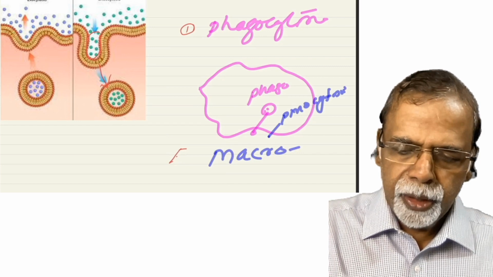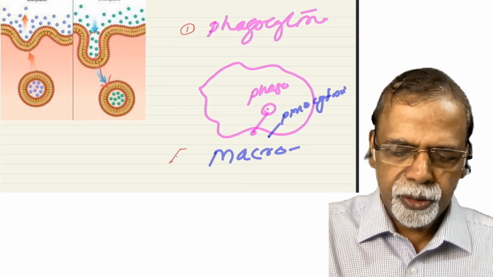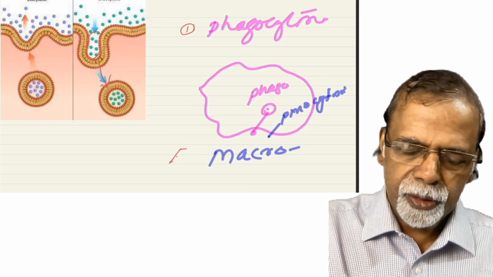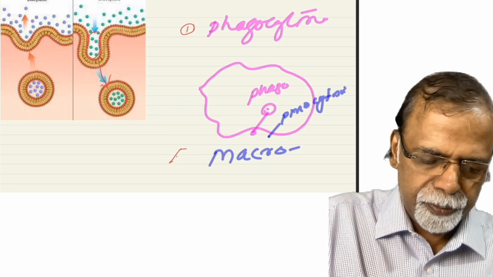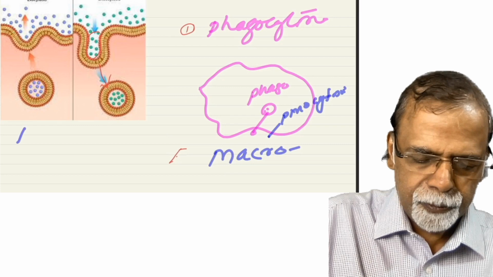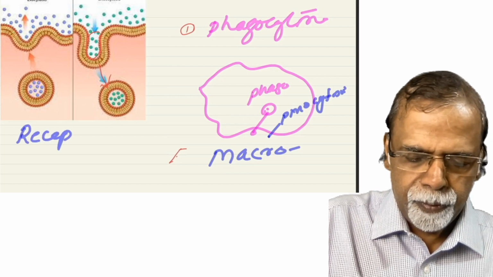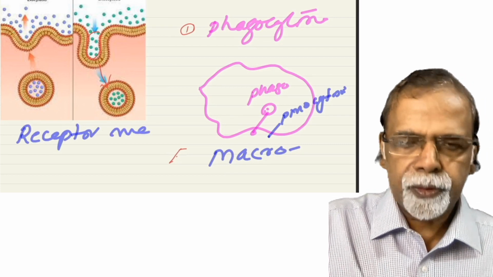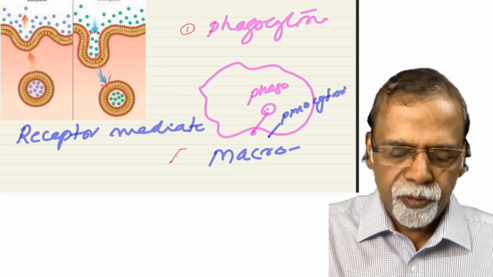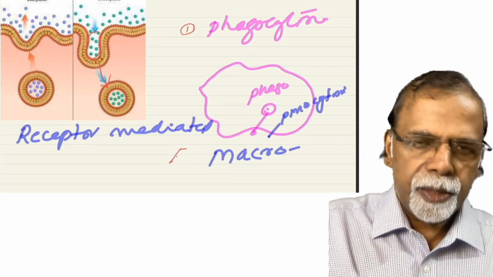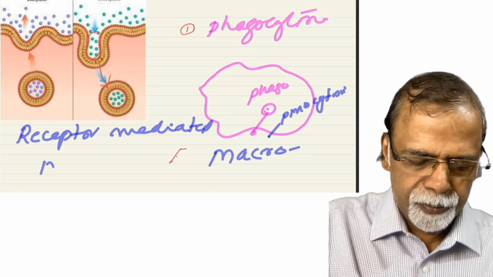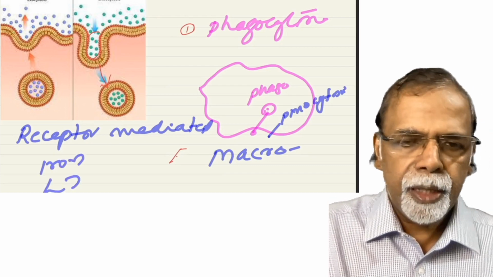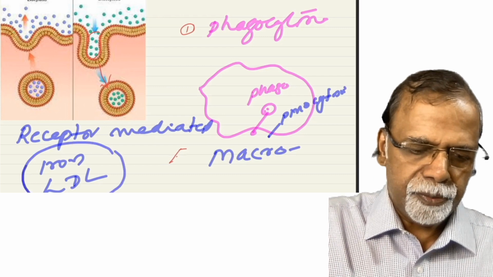Now we go into the third type of endocytosis, that is the receptor-mediated endocytosis. So here what is happening, certain materials like iron, LDL, they are internalized using this mechanism.